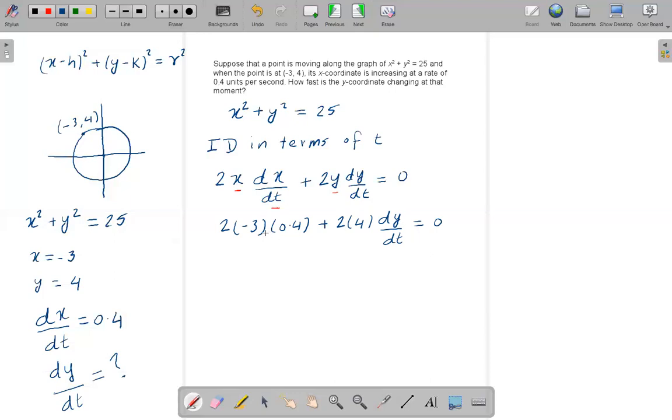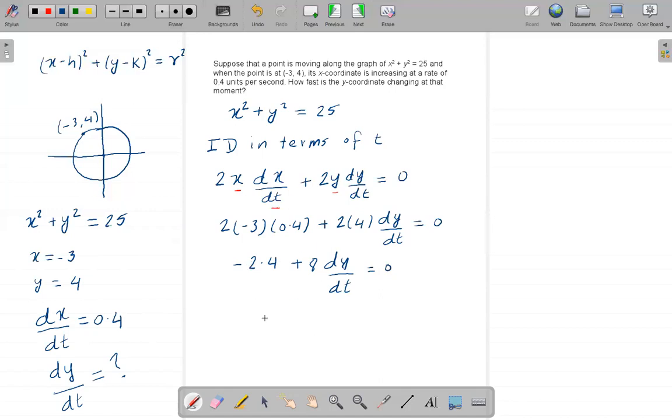So from here, using a calculator, 2 times 3 times 0.4 is 2.4. Since there's a negative, it's negative 2.4 plus 8 dy over dt equals 0.